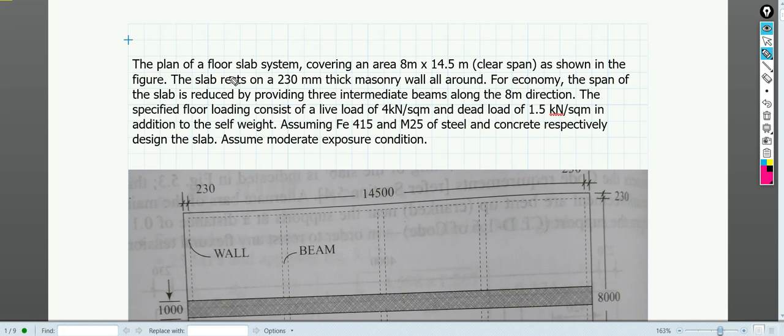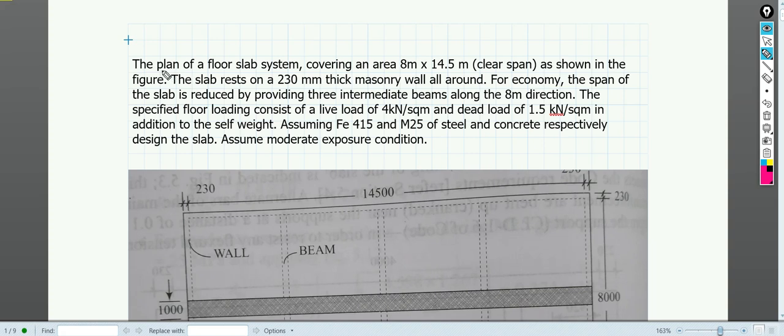But other than that, I'm only taking this class to show you how to calculate the moment. As far as the moment calculation is concerned, whether you're designing a fixed one-way slab or a fixed beam, the process is similar. Okay, so let's take the problem here.